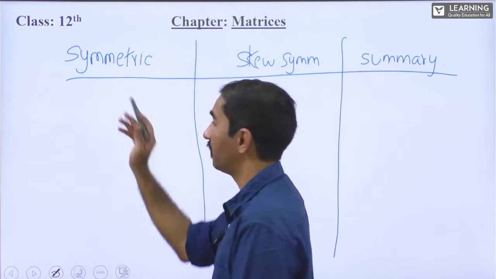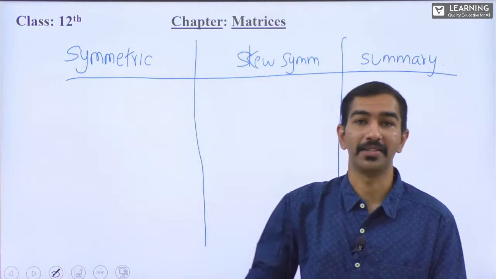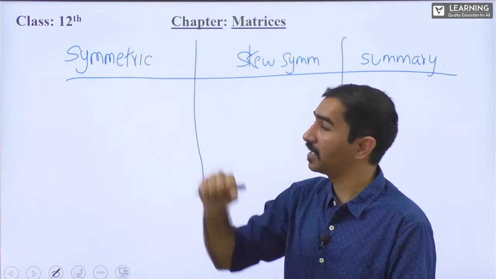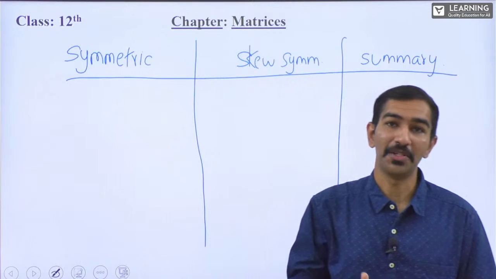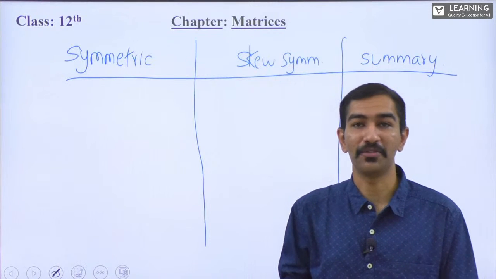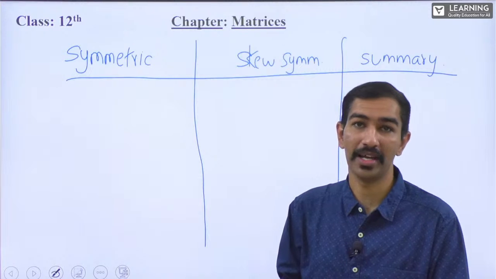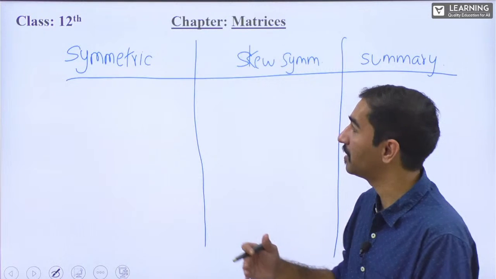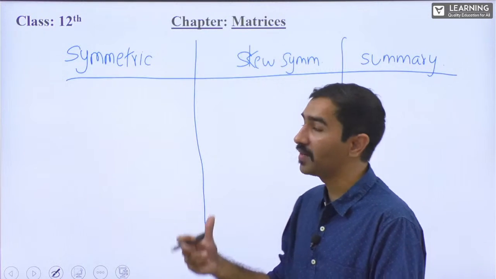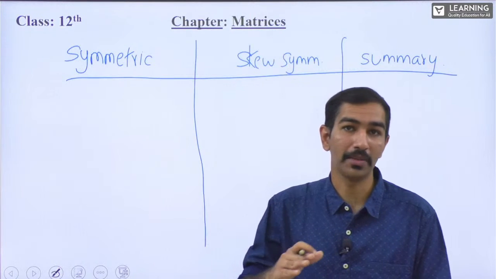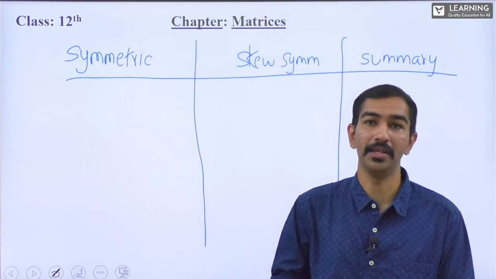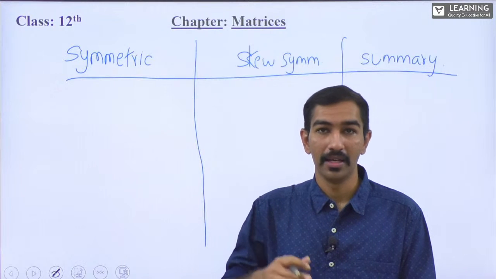So starting with the very first one, symmetric matrix. Okay. So this we have studied again. We have studied this in types of matrices. Correct. So in types of matrices, we came across a matrix which is called as symmetric matrix. And what is symmetric matrix? How do we identify symmetric matrix? Okay, ignore the principal diagonal, let the principal diagonal be however it wants to be.